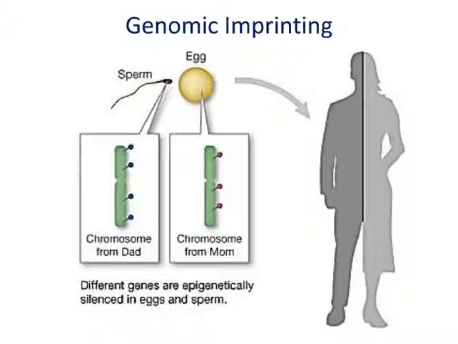The methylation prevents that gene from being expressed. So these genes are often referred to as epigenetically silenced. For some genetic disorders, the expression of the phenotype is dependent on whether the mutation occurs in a gene that is imprinted. In other words, the phenotype depends on whether the mutated allele is inherited from the mother or the father.